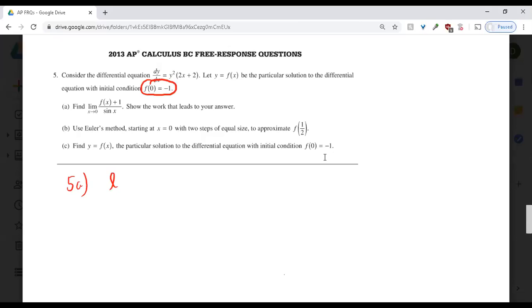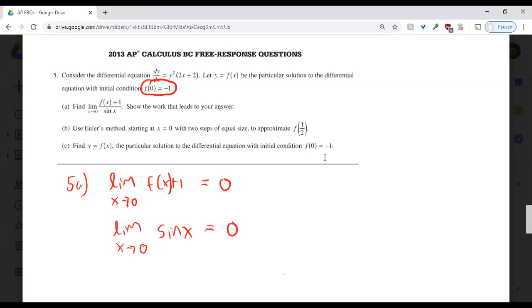So I could say the limit as x approaches 0 of f of x plus 1 must equal 0. And then the limit as x approaches 0 of my denominator, which is sine x, also equals 0 when you plug 0 in. So we have a 0 over 0 situation. So we can use L'Hopital's rule if the limit of the numerator and the denominator both equal 0.